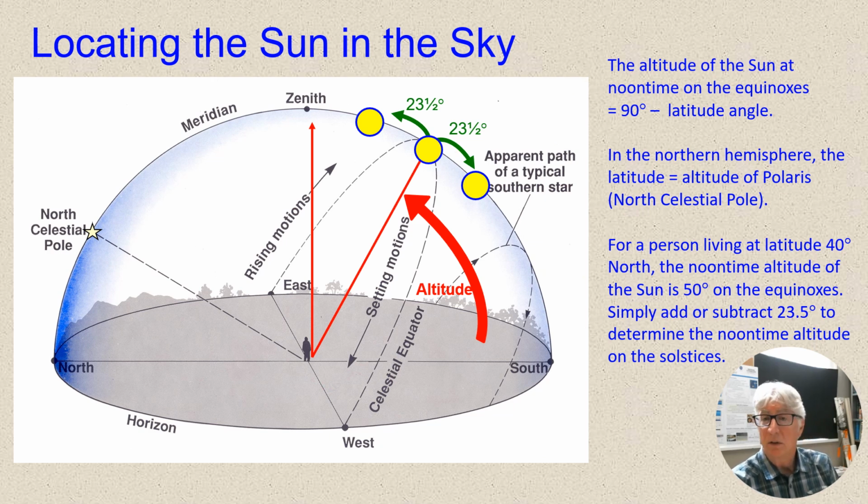Since altitudes cannot exceed 90 degrees, we must subtract that answer from 180 to get the correct answer. So if you live at 30 degrees south latitude, the altitude of the sun on the date of an equinox is 180 minus 120, or 60 degrees.